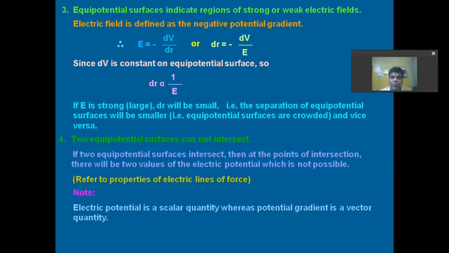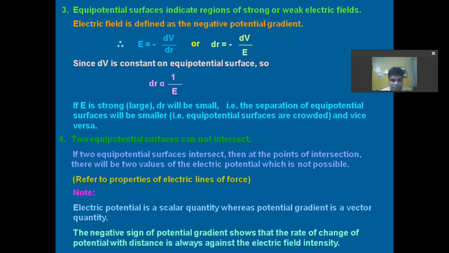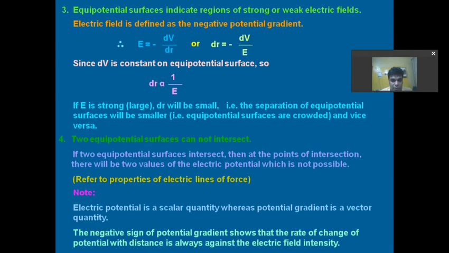These can never intersect. So equipotential surfaces can never intersect. Otherwise, at the point of intersection there would be two electrical potentials, which is never possible. So two equipotential surfaces can never intersect. Okay, so this is very important.